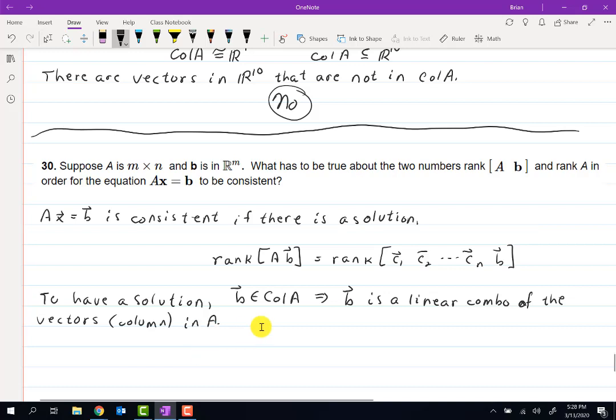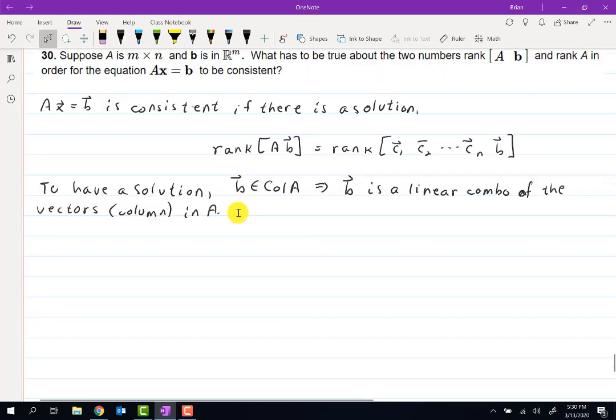Well, if that's the case, if B is a linear combination, then adding B to this collection of columns did nothing, because B is a linear combination of all those things. If B is in the column space of A, then B is in the span of C1 up to Cn.